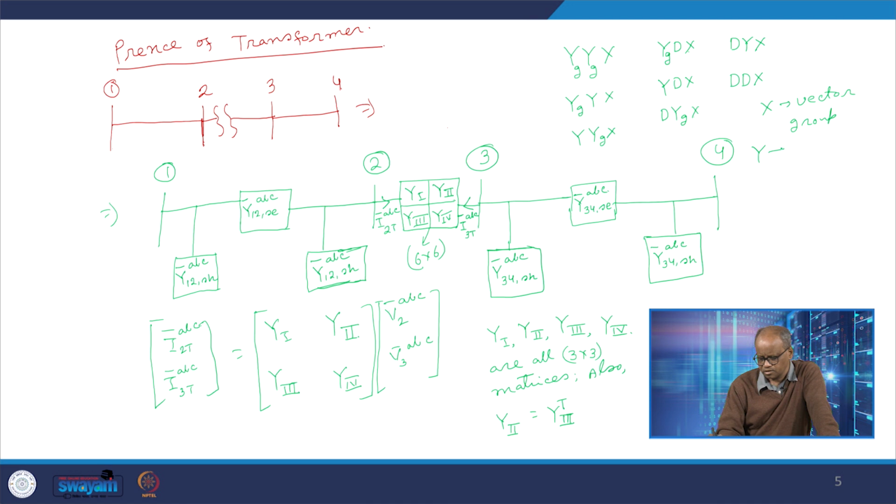Y is the star connection, and D stands for the delta connection, and x we have already seen.